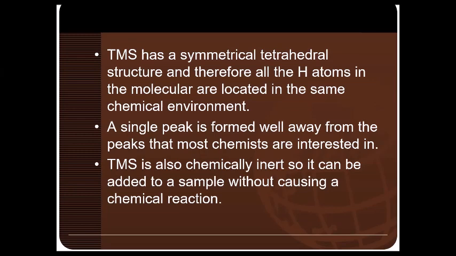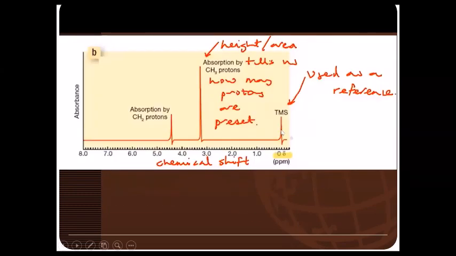Basically, it allows us to get a 0 point on an NMR, and then for our target samples that we're interested in analyzing, we work to the left of that peak value. So again, TMS as a standard is the reference at 0 ppm. There's no shift there.